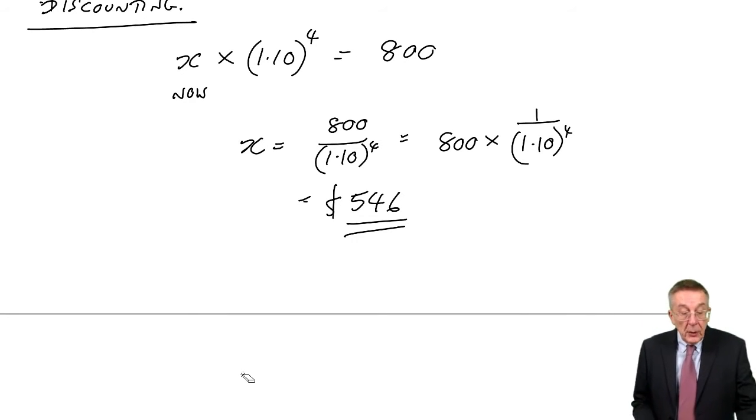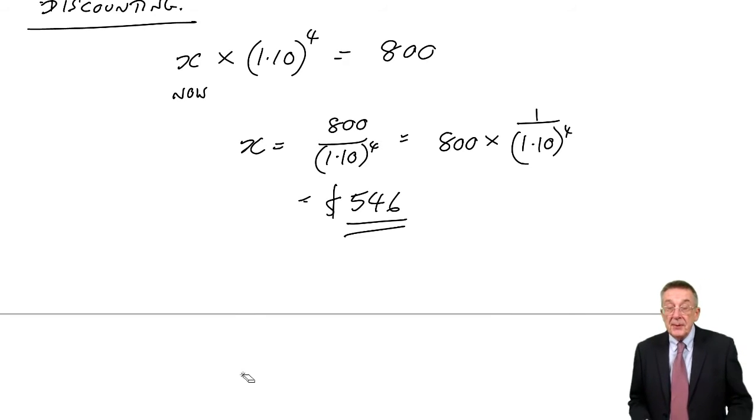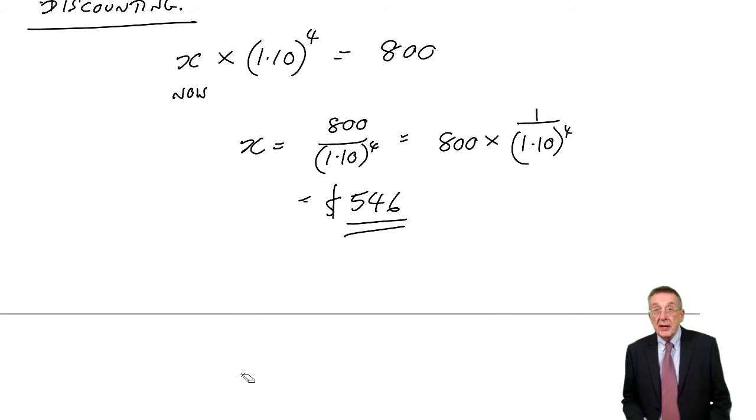And these tables give you the figure to multiply by for any rate of interest, as you can see, up to 20%, for any number of years up to 15.